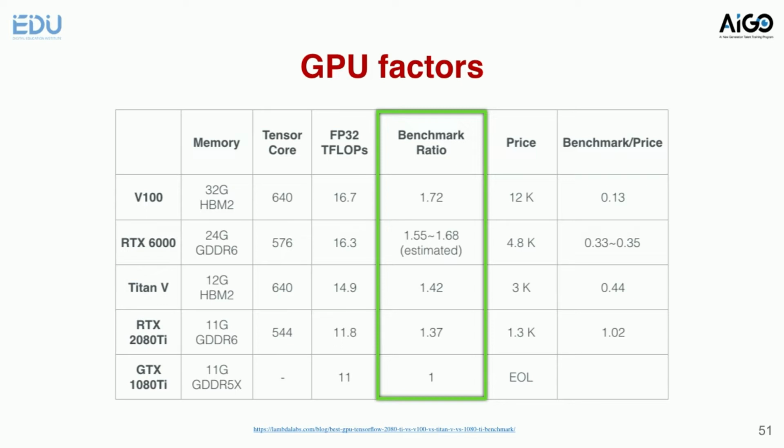This data is what I retrieved from some websites. Some experts have done those experiments. They use the GTX 1080 Ti as the baseline, which is 1, and the RTX 2080 Ti is 1.37, and the V100 is 1.72.